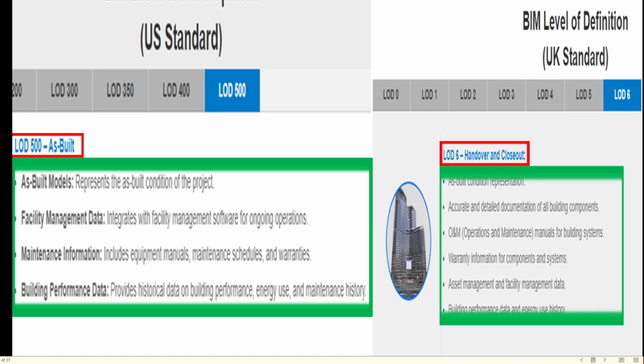As-built condition representing integrating with facility management software for ongoing operations, accurate and detailed documentation of all building components, equipment manuals, maintenance schedules and warranties, providing historical data on building performance and energy use are available in both standards.